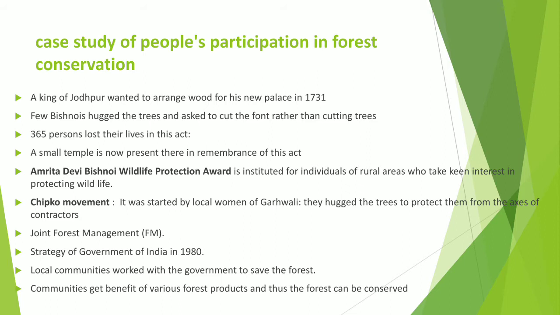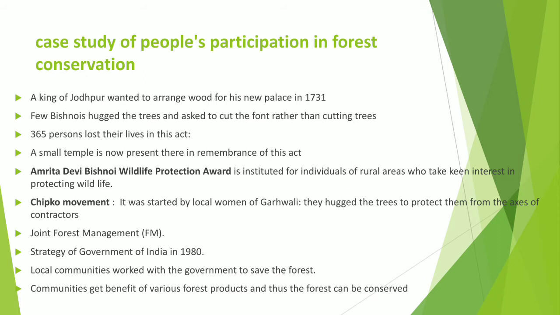Now what happened in that place? The people living there are called the Bishnoi people or Bishnoi community. In that community, there was a lady called Amrita Devi. She told the people that people were coming to cut down the forest and that we have to save it.